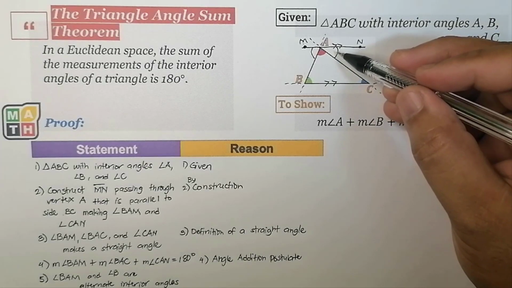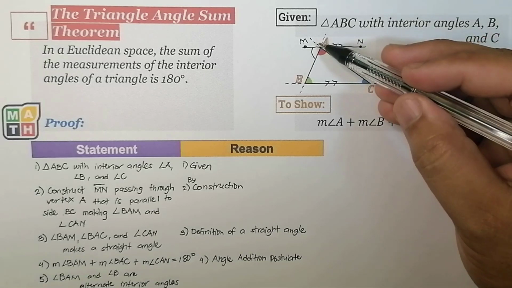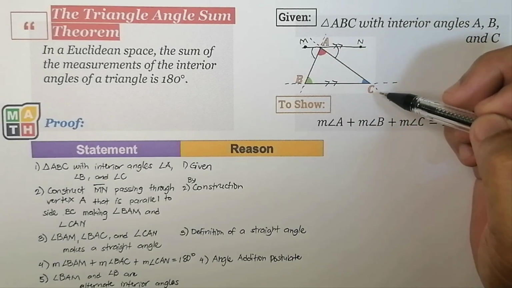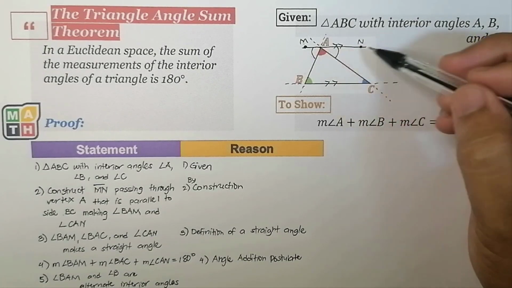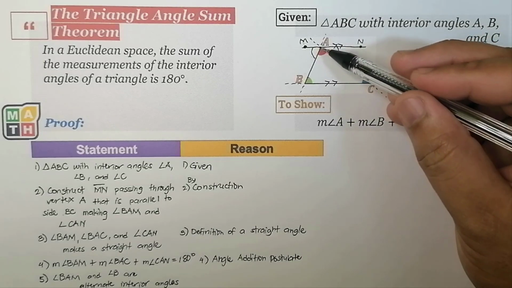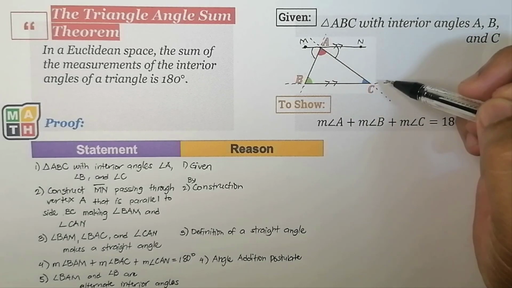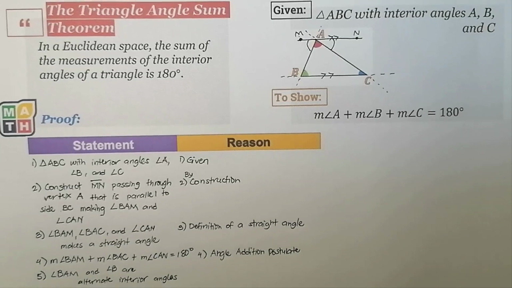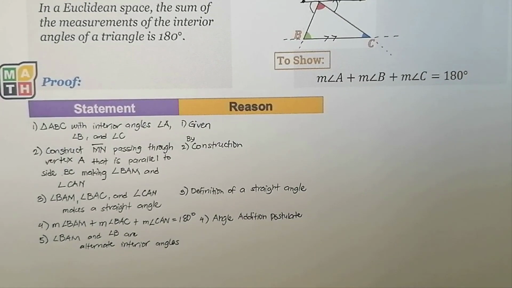The same can be made true as well with angle CAN here and the angle C, since they may be considered as alternate interior angles when we consider extension of side AC as a transversal line cutting the same parallel lines here. Notice, like this and that. So we could also write it here. Let's move it a little bit higher.